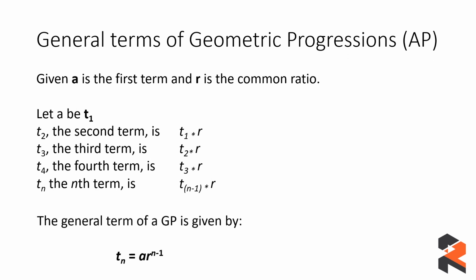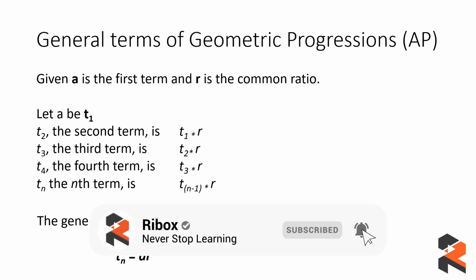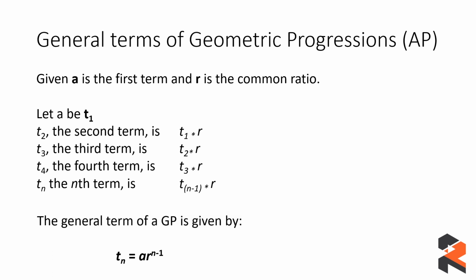In general, if you want to find any term of your GP, you use the formula A into R to the power n minus 1. How do we arrive at this formula? It is basically by evaluating the terms we have seen on the screen, but that is beyond the scope of this video. You can refer to some articles, but the general term of the GP will be given by A into R to the power n minus 1.